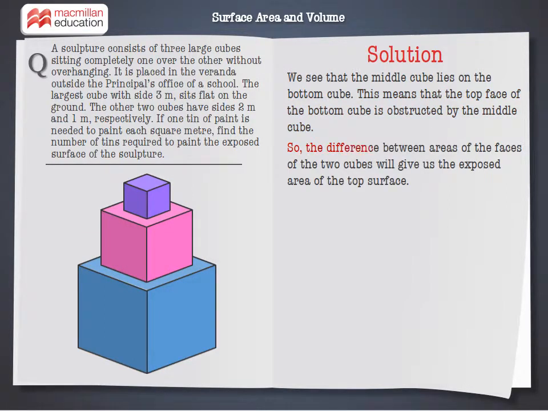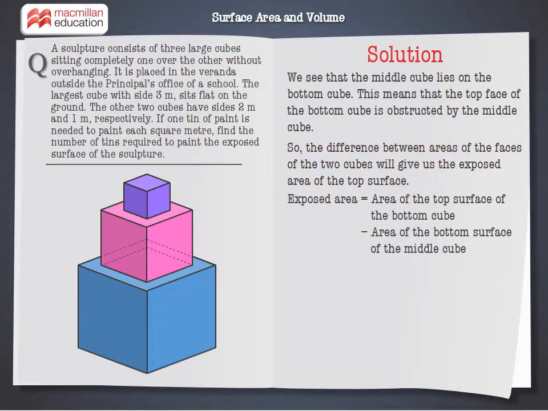So, the difference between areas of the faces of the two cubes will give us the exposed area of the top surface. Exposed area is equal to area of the top surface of the bottom cube minus area of the bottom surface of the middle cube, which is equal to 9 minus 4, giving us 5 meters squared.